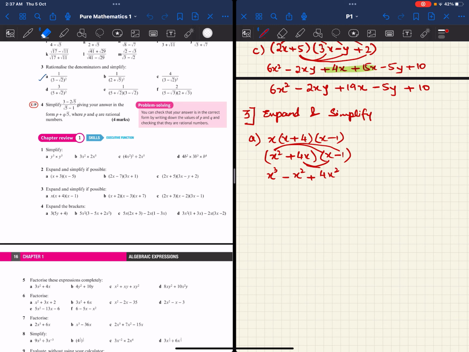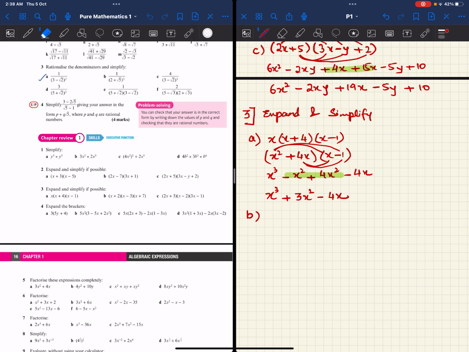And 4x into negative 1 gives us minus 4x. We can add up the like terms, minus x squared and plus 4x squared. So we get x cubed plus 3x squared minus 4x.